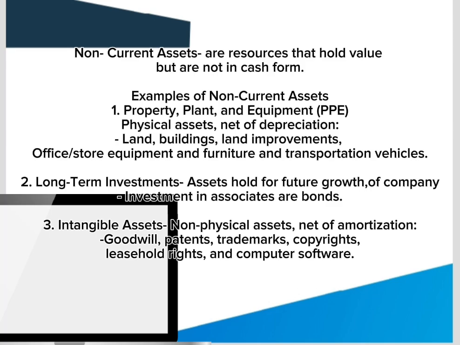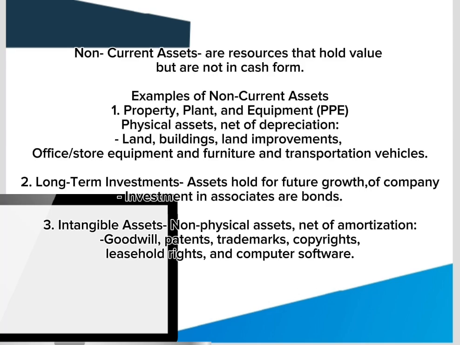Non-current assets have three examples. First, property, plant, and equipment or PPE. What is property, plant, and equipment? It refers to long-term tangible assets used in business operations. That is non-current assets.